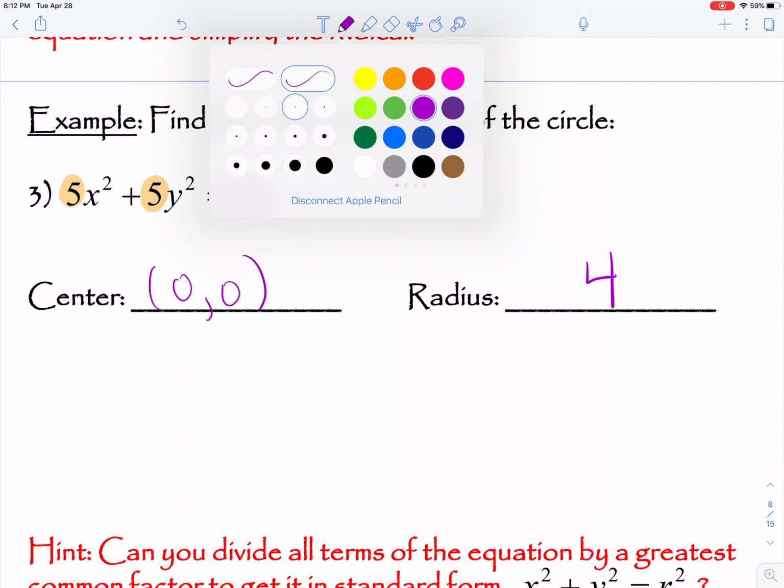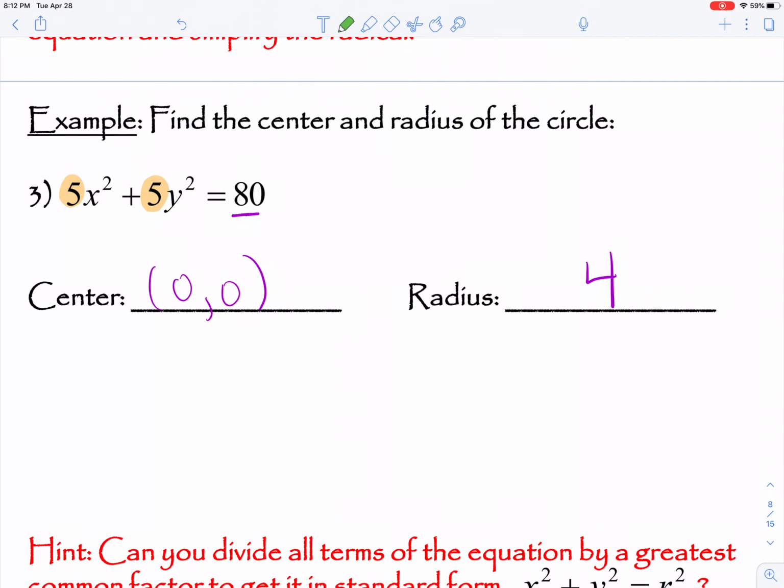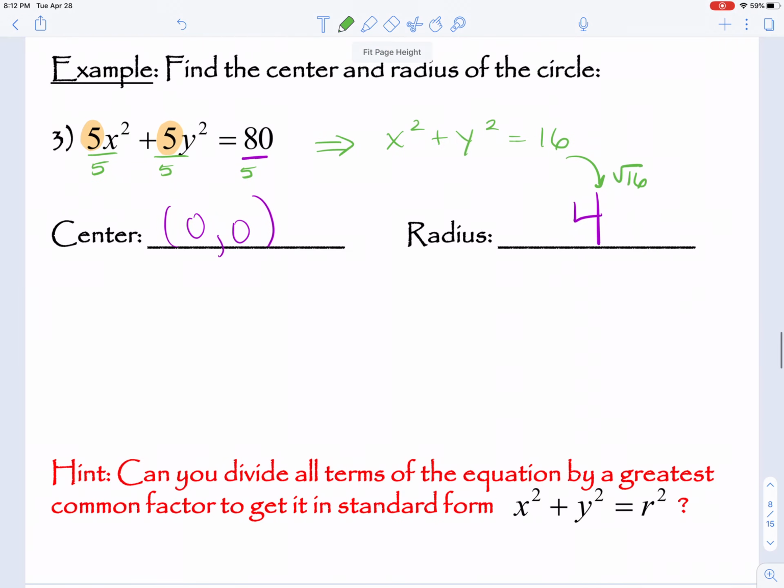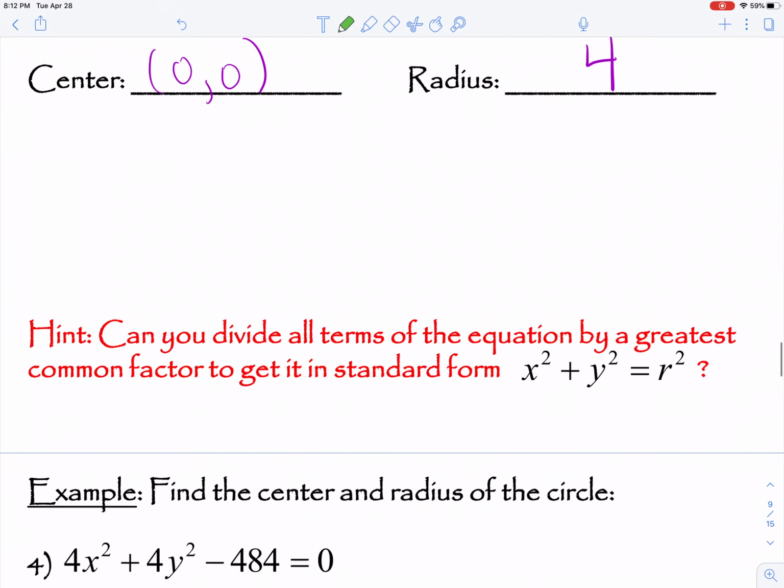When you're in general form like this, I could divide everything by those coefficients and then get x squared plus y squared equals 16. And then I could take the square root of 16 and get the 4. So anytime the coefficients are not 1 for both of them, you could divide it like that to see. And again, if it's a circle, the coefficients are always going to be the same.